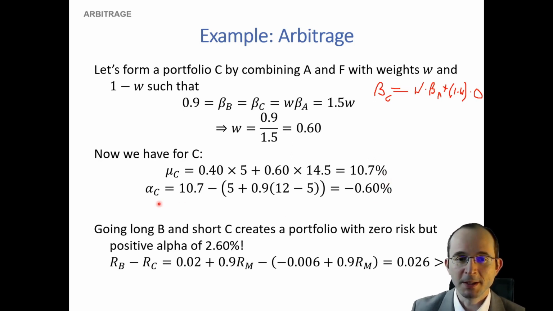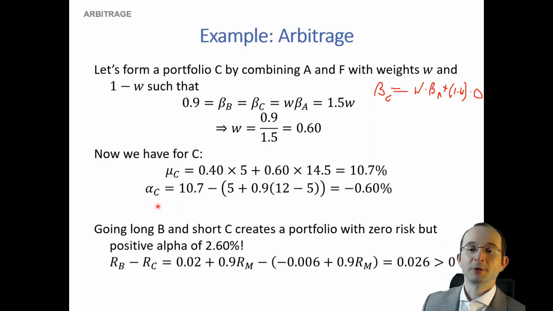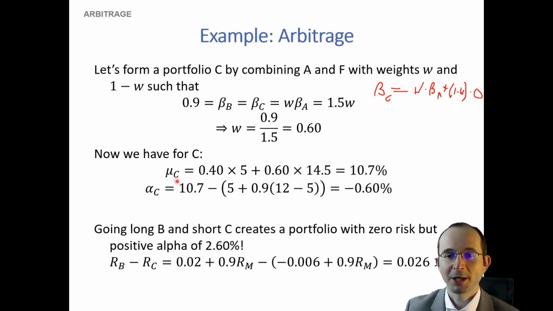And what is the alpha of portfolio C? Well, we can actually measure it using this CAPM alpha approach, right? We've got our actual return that we expect of 10.7%.